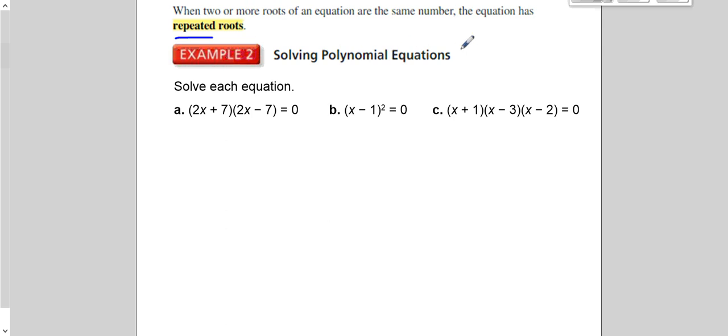Example 2, solving polynomial equations. Solve each equation. We're still using our zero product property. Write each one of the factors equal to 0. 2x plus 7 equals 0. And then the second factor is 2x minus 7 equals 0. Solve for x. On your mark, get set, go.